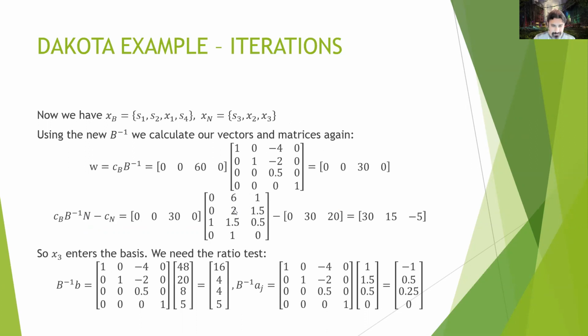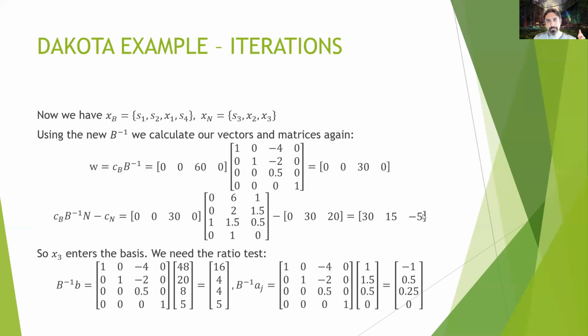And then we need to subtract the new CN, which is 0, 30, 20. This 0 is over here because now S3 is in the non-basic variable part, and so it has a coefficient of 0 in the objective function, so this has become 0 instead of the 60 beforehand. So from this calculation we get 30, 15, and minus 5.